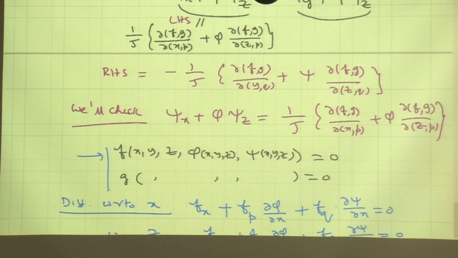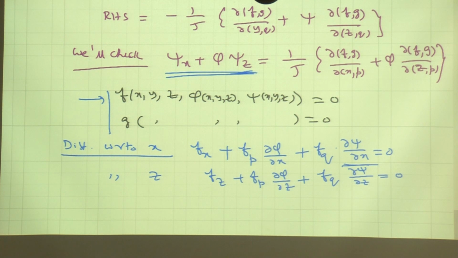Similarly, replace f with g, but for g you do with y and z. You will get some relations. What are you interested in? Remember that. Psi x plus phi psi z is what you want. See how you can get it. Psi x is here, so solve for psi x maybe. And then solve for psi z somewhere.